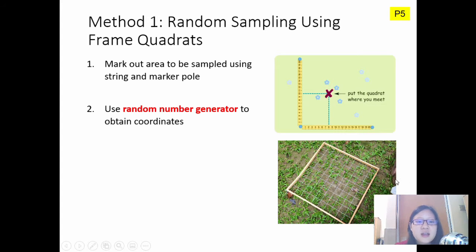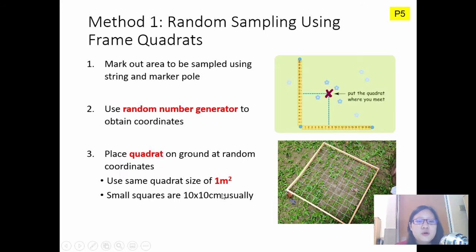Okay, then you basically put the quadrat (spelling is important) on the ground at those random coordinates to obtain species abundance, obviously. The quadrat is usually 1 times 1 meter, as I said just now, and the squares in the middle here are usually 10 cm times 10 cm.